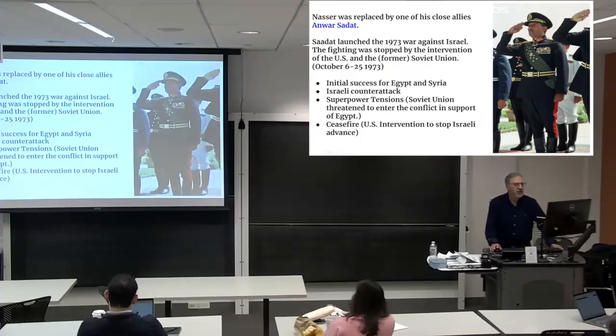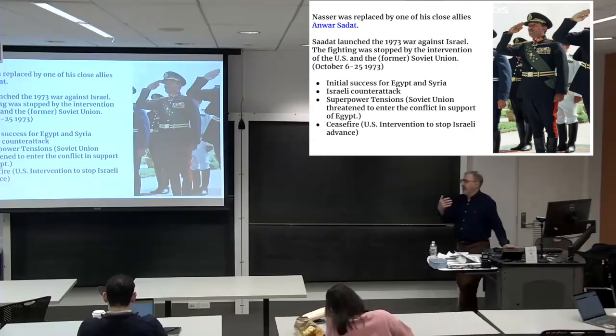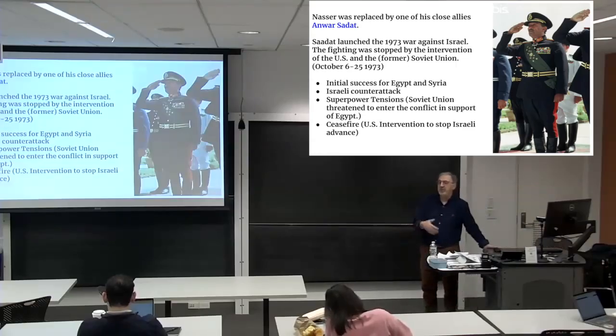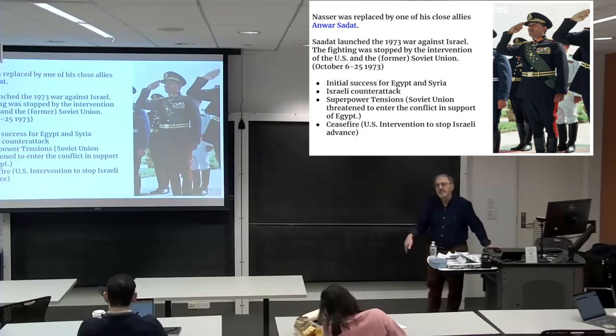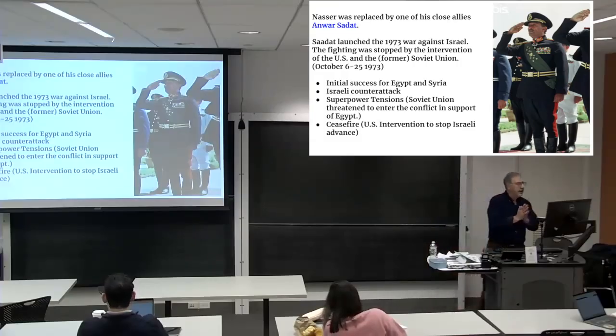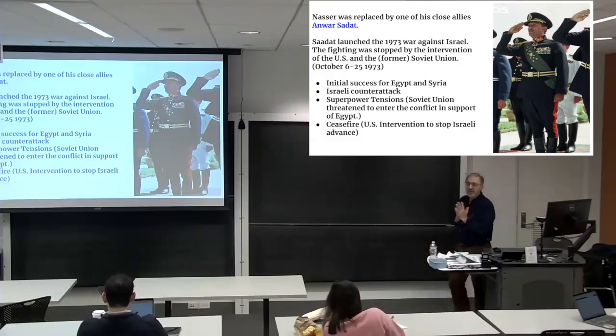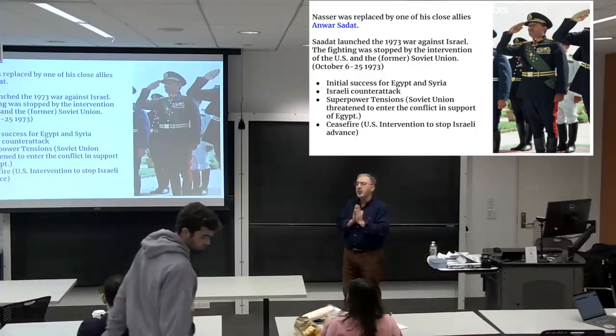And he was replaced by one of his military officers, Anwar Sadat. He himself was very much committed to war, even though Egypt was defeated in 1967. A war of attrition between Israel and Egypt continued on the frontier of their ceasefire zone. But Anwar Sadat had a different vision because he realized that the Soviet Union was not strong enough to support him.